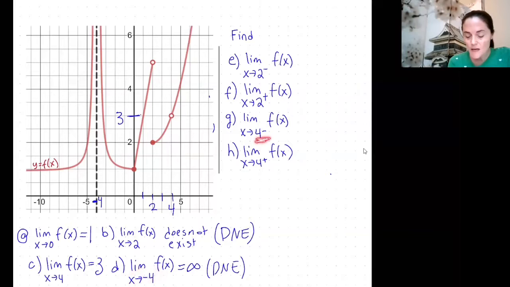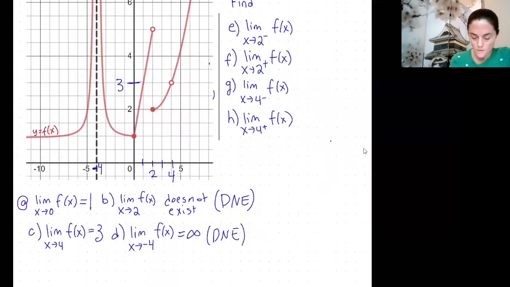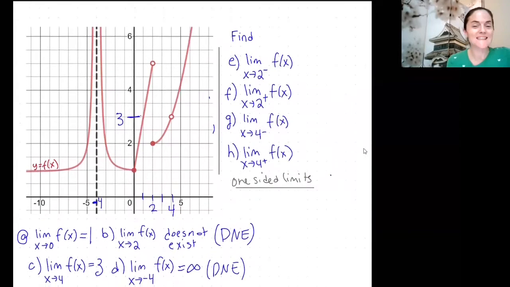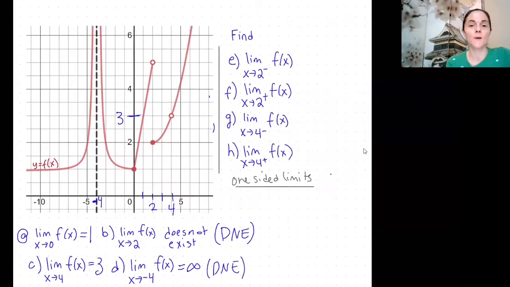But this, the minus is on the other side, and these are what's called one-sided limits. As soon as we go back to the whiteboard, I will discuss them more. But what you do is you only look either on the left or the right.